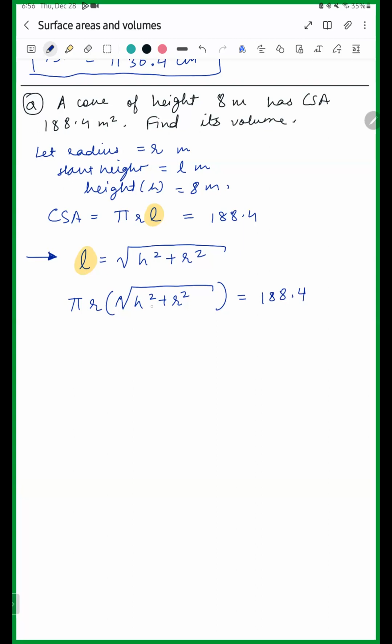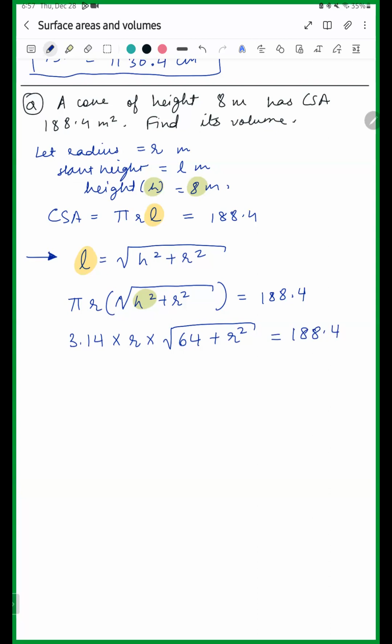Acha, h is already, we know what h is. H is 8. So in place of h, let's just put the value. So pi is 3.14. R is as it is into under root, h square is 8 square is 64, plus r square as it is, equals 188.4.